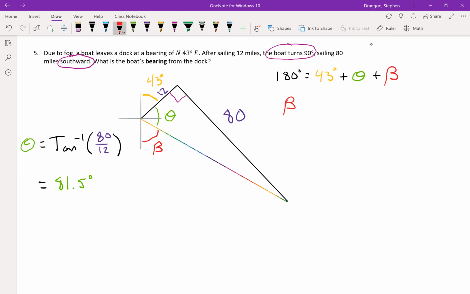So I'll bring that over to my angle equation. 180 degrees minus 43 degrees minus 81.5 degrees. And that should get us 55.5 degrees.